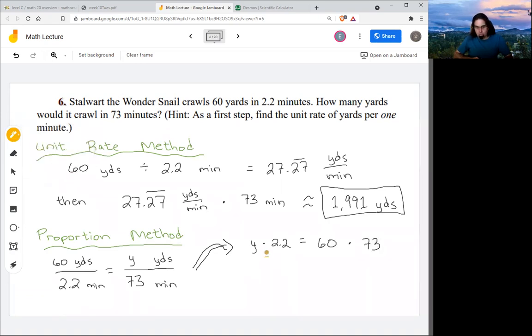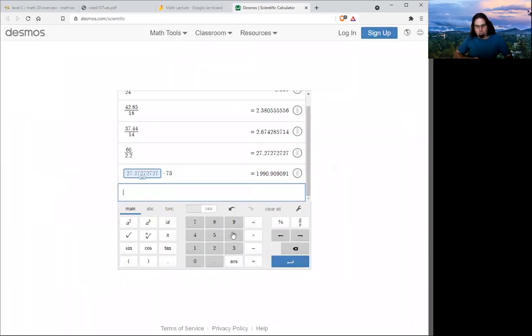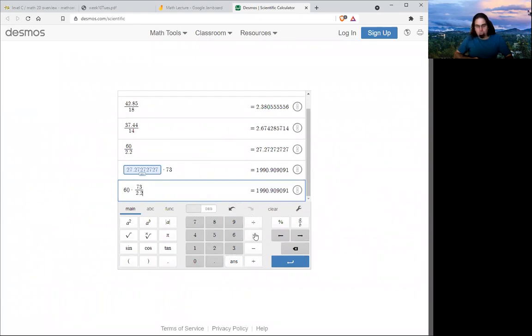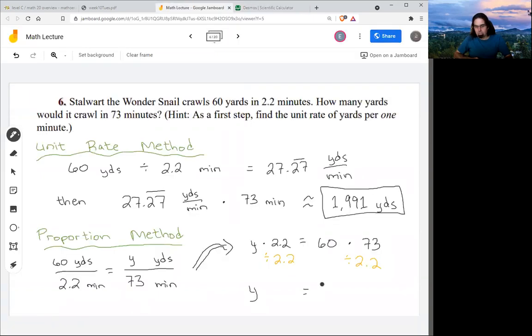We're going to have to divide both sides by 2.2 to get y by itself. And then you would get the same answer. You would do it in a slightly different order, 60 times 73 first, and then divided by 2.2. But it's the same thing.